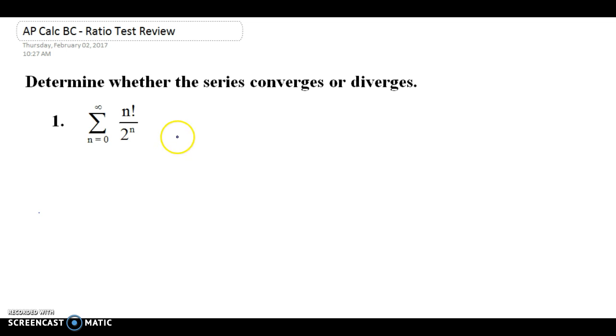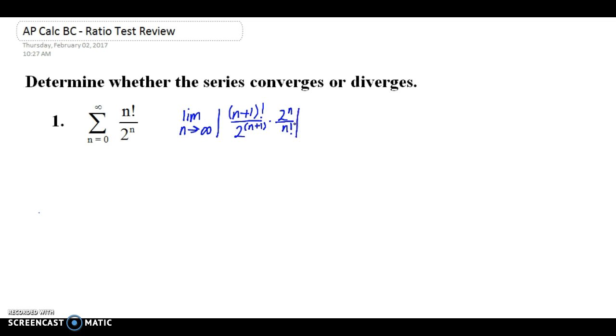if you were to do number 1 here, to set up the ratio test to decide if this series converges or diverges, you start with the limit as n approaches infinity of the absolute value of a sub n plus 1, which is (n plus 1) factorial divided by 2 raised to the n plus 1 power, divided by a sub n, which is really times the reciprocal of a sub n.